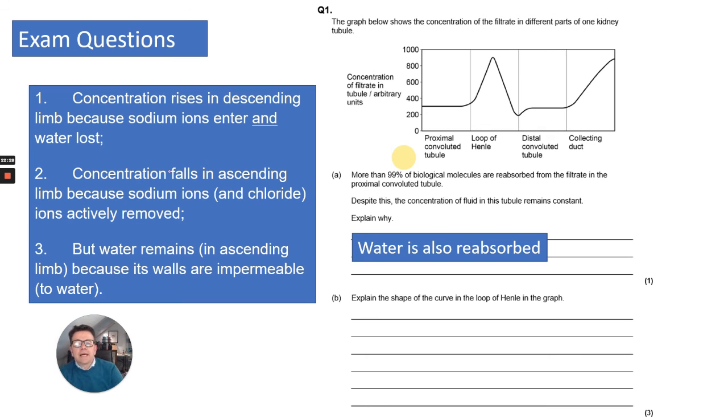We can look at that in terms of concentration rises in the descending limb because the sodium ions enter and water is lost. Concentration falls because the sodium ions are then actively removed. But you could say water remains because its walls are impermeable to water. There you go.